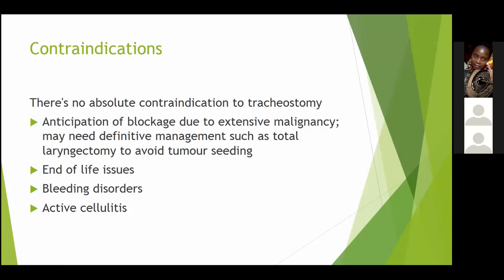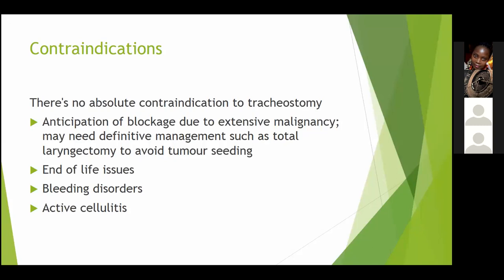So it's dependent on the patient's decision and the caretakers as well when it comes to end of life. If the procedure you're doing is just going to prolong their life by mere days, they may not want it.